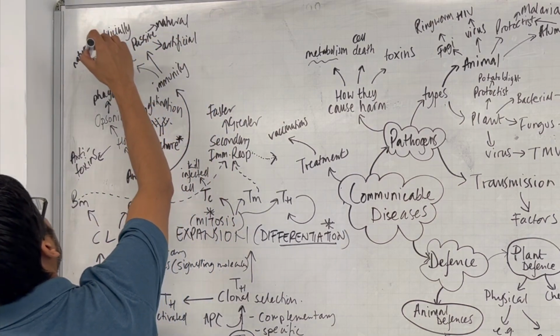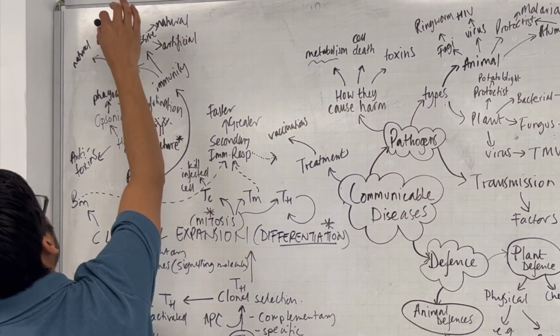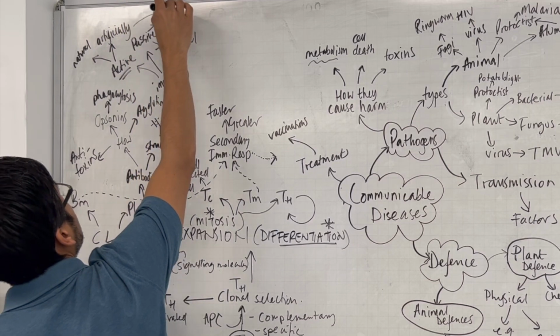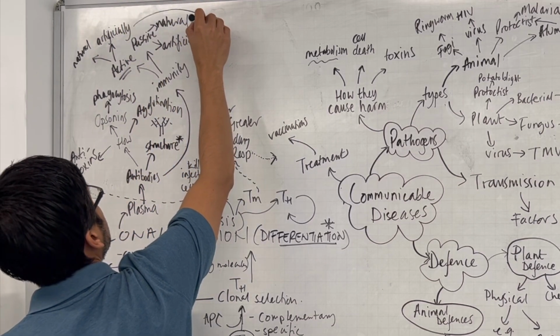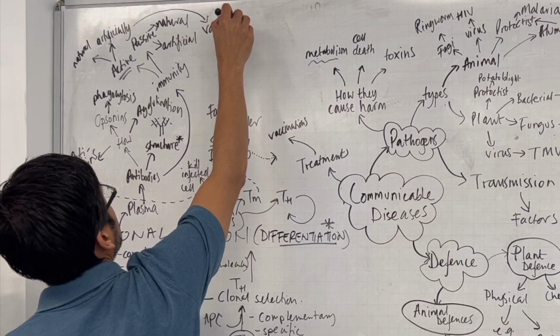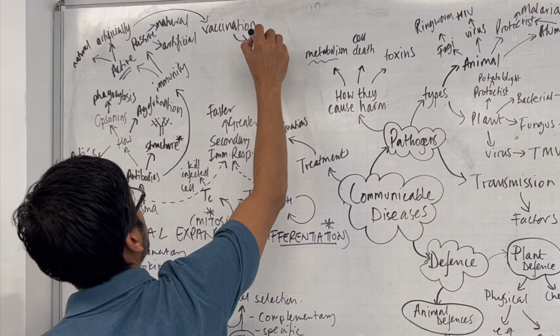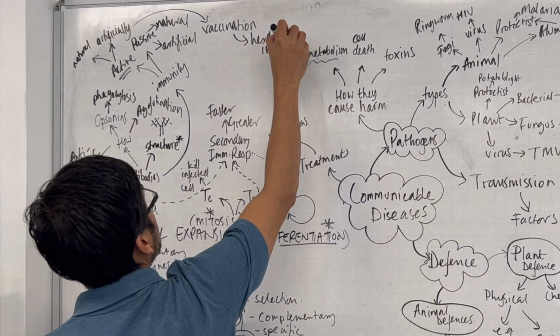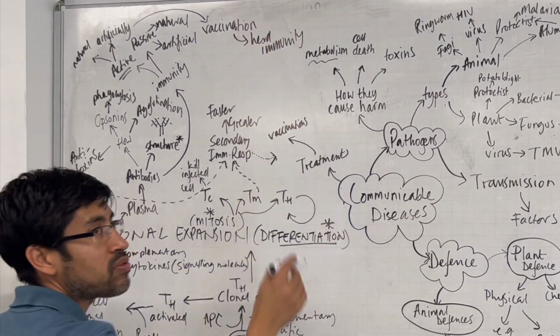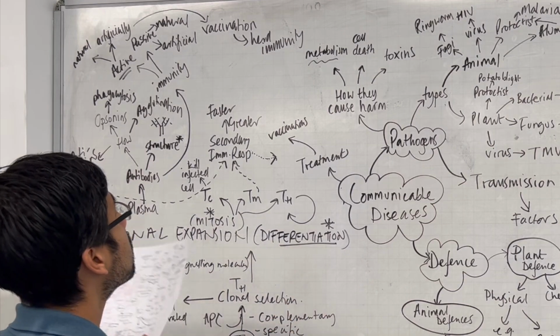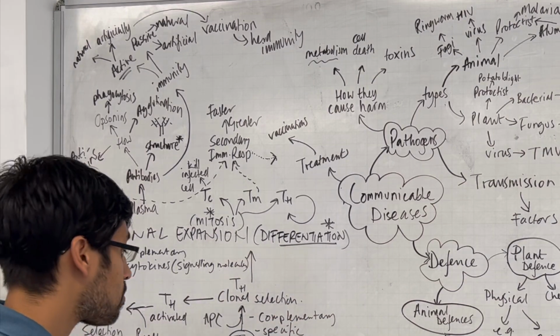So active and artificial, that takes us to vaccination and the idea of herd immunity, like why do we do vaccinations and maybe the different types of vaccines that we could have.